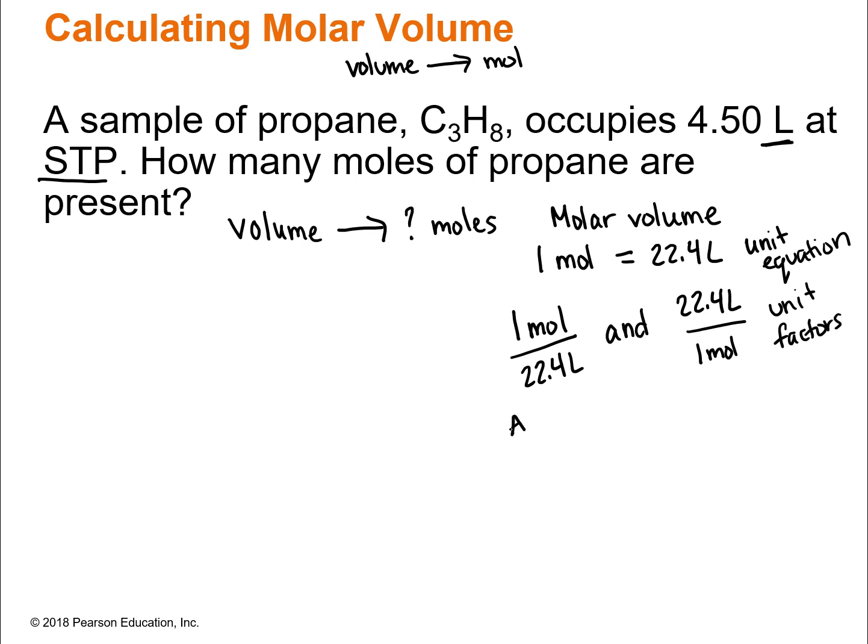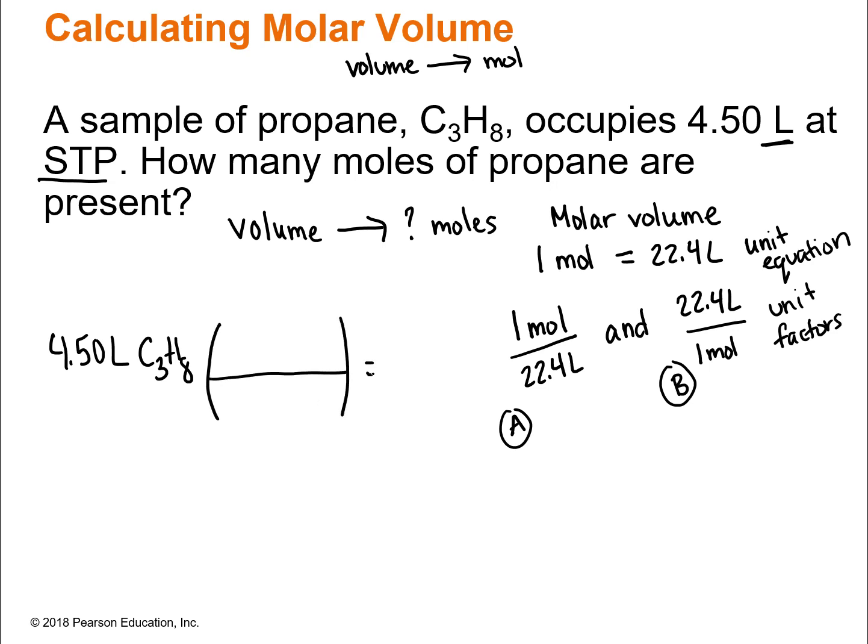So these are the unit factors that we have to work with. We're trying to take the number of liters of gas and convert it to the number of moles. So which unit factor should I use? A or B?